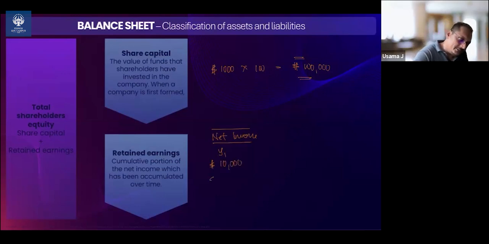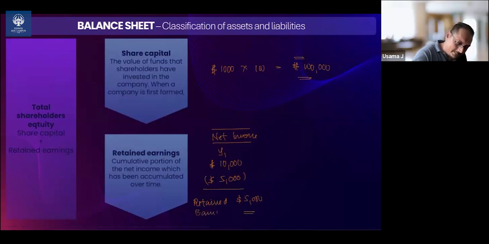Out of this $10,000, $5,000 I'm going to declare as dividends. Means I'm giving you shareholders $5,000. Now this is out of the business. What is retained in the business, guys? What is retained in the business is $5,000. This is my retained earnings.